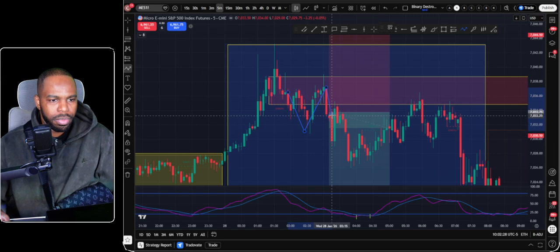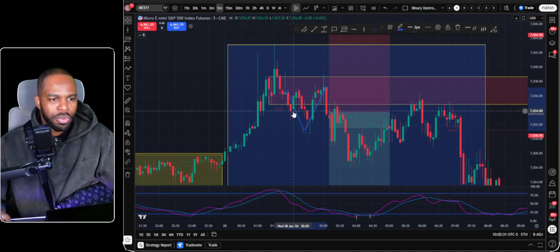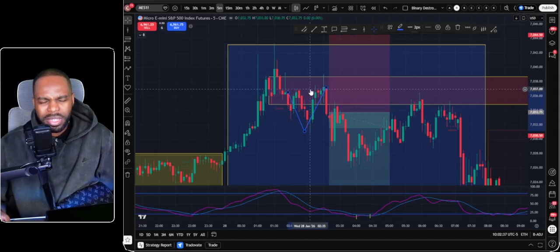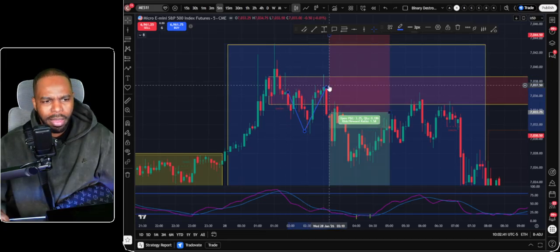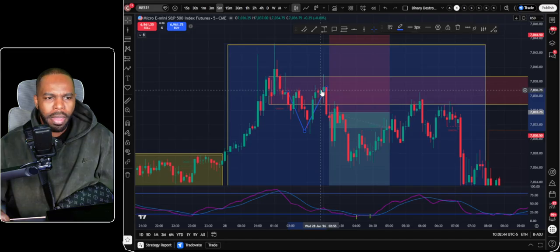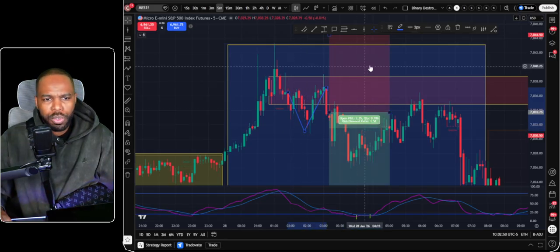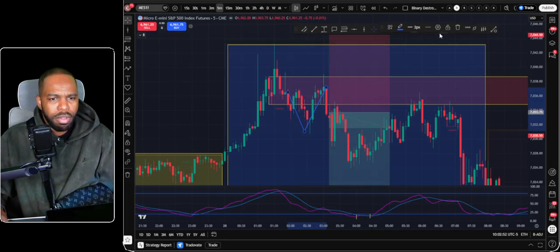You could have taken the trade here if you wanted to. Sometimes I take the trade as soon as price closes below it, but just to be safe, I think the better route is to wait for price to pull back into that breaker block, because you can use these breaker blocks as support and resistance, and also to take trades off of.